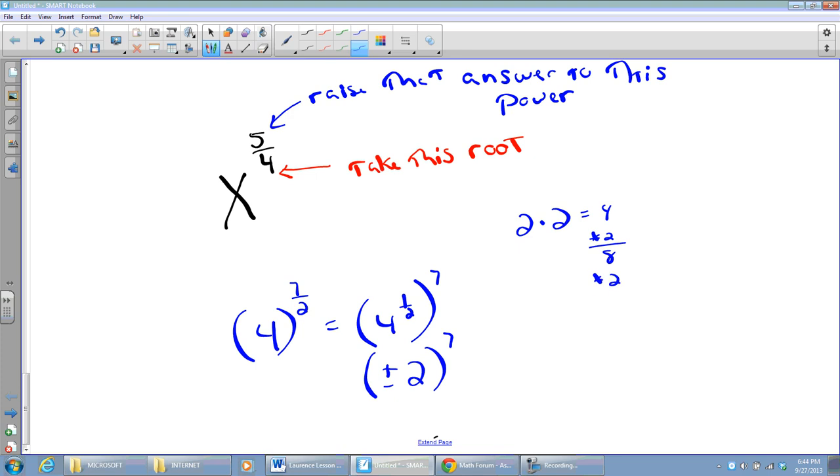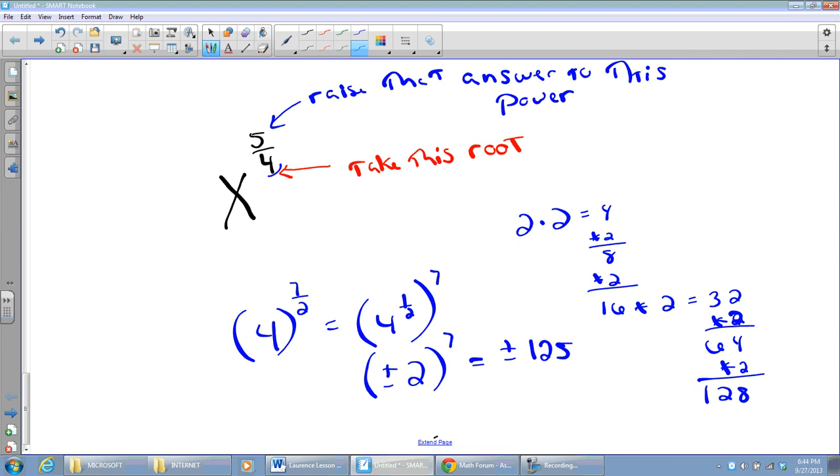A fourth 2, double it again, I'm going to get 16. 2 to the 4th is 16. 2 to the 5th is 32. 2 to the 6th is 64. And one last one, 2 to the 7th is 128. So this must equal plus or minus 128.